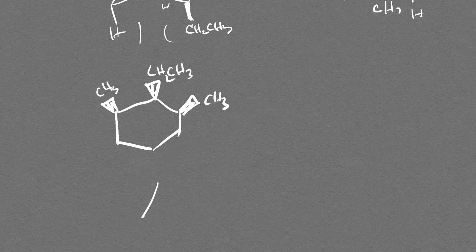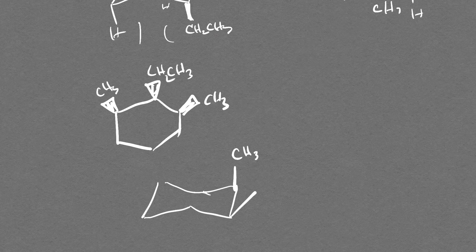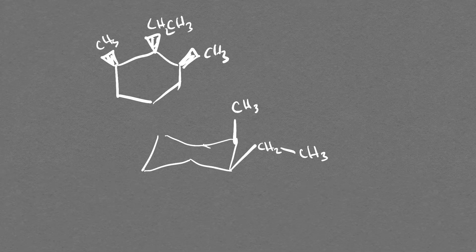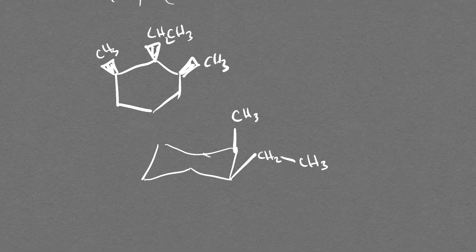So when they're all cis to each other, that means that one is going to be facing up in an axial position, and one is going to be facing up in an equatorial position, and one is going to be facing, so let's see here, up in an axial position. All right, and then you got hydrogen there, right?